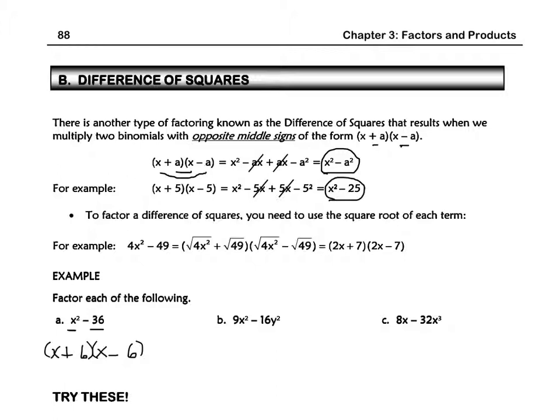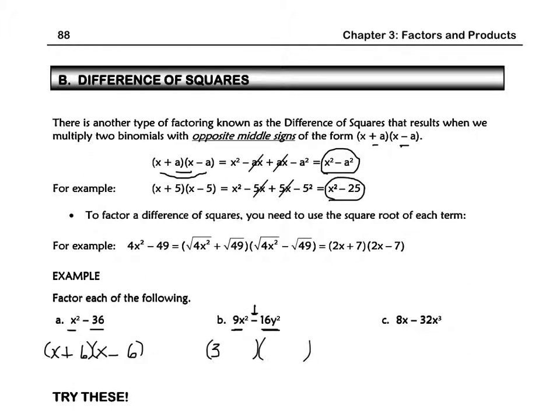So this one here has that difference of squares type as well, so it has perfect squares. The first term would be 3x, because 3x times 3x will give you the 9x squared, and 16y squared is a perfect square because 4y times 4y gives you 16y squared, and there's a difference between the two of them, so that is a difference of squares, and it has factors.